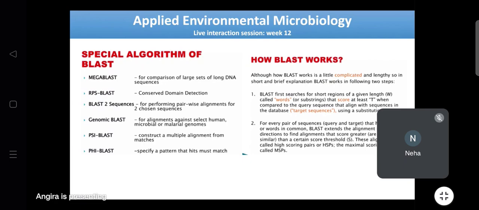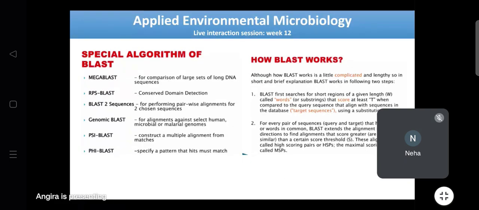This leads to the formation of a matrix. For every pair of query and target sequences, they have a word or words in common, so a certain part of the query and target are common.